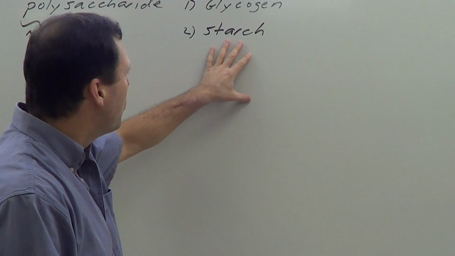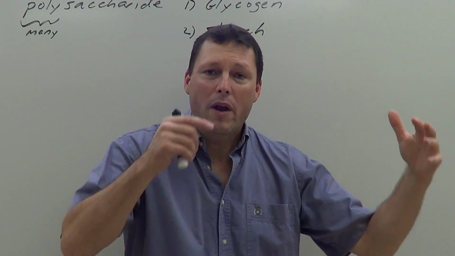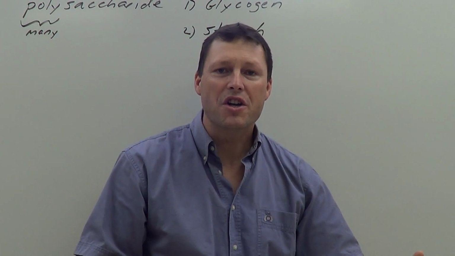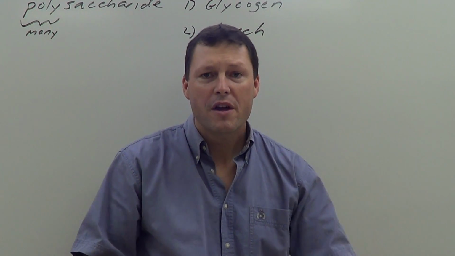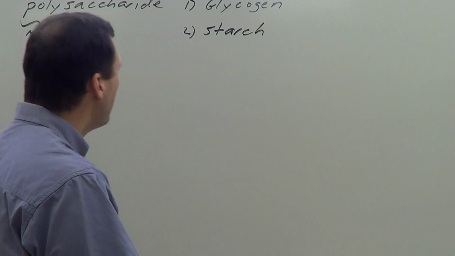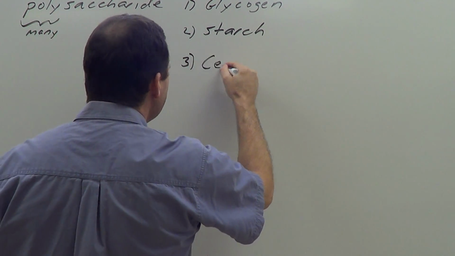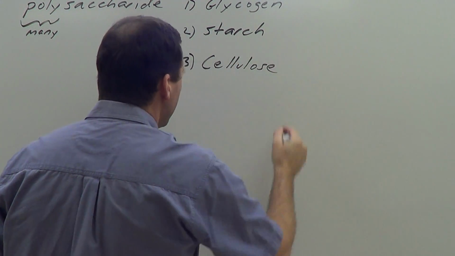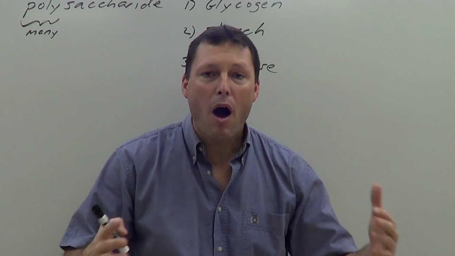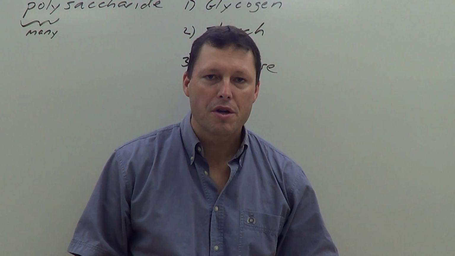And starch is the way plants store glucose long term. And then when a plant needs that sugar for energy, it breaks down that starch into glucose molecules and again makes it available for all the cells in the plants. Alright, number 3 is going to be cellulose. And cellulose, again, is a great big molecule, a great big polymer made up of hundreds to thousands of glucose molecules.